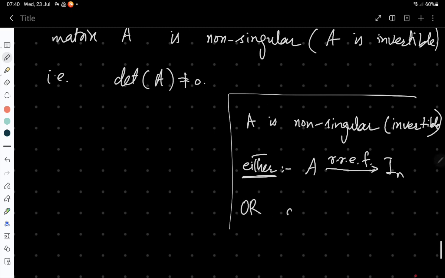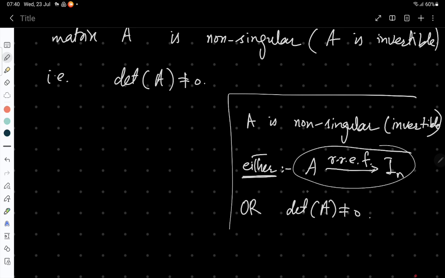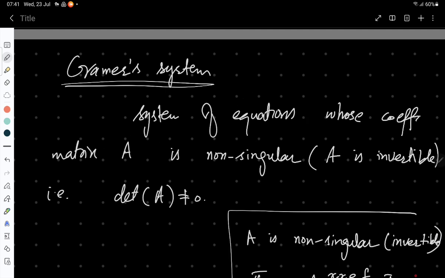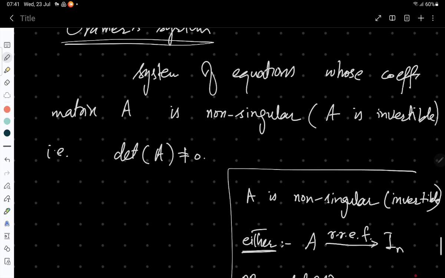Or the determinant of A is non-zero. If any condition holds, then we say that the matrix is non-singular. Sometimes we will check that A is identity in the row reduced echelon form, and sometimes we will check that the determinant of A is non-zero, so both conditions are interchangeable. The system is a Cramer system when the determinant of A is non-zero.